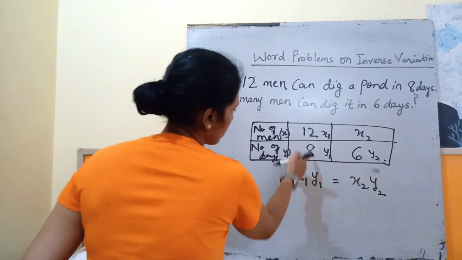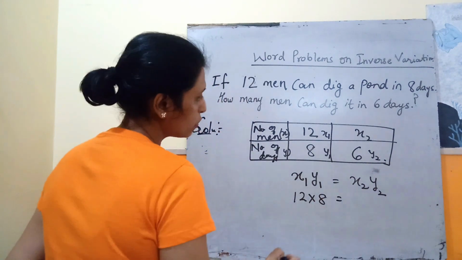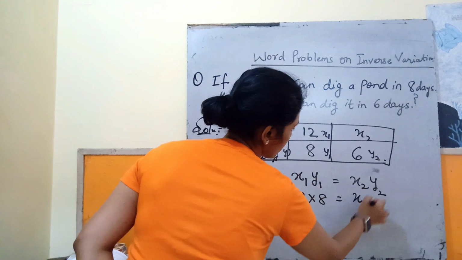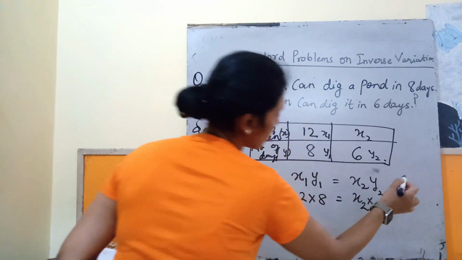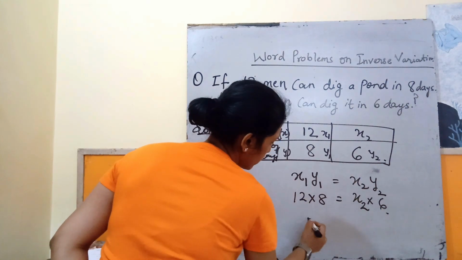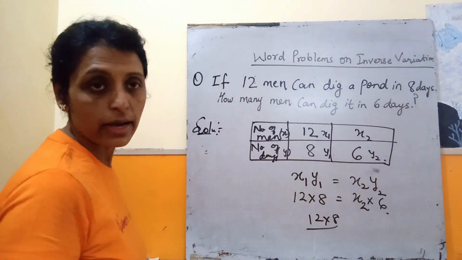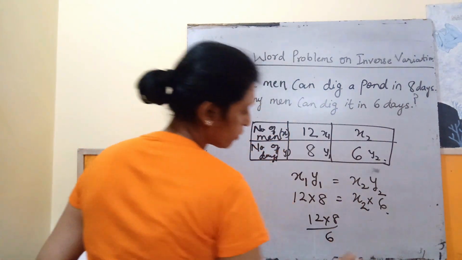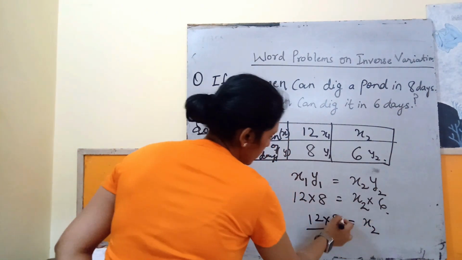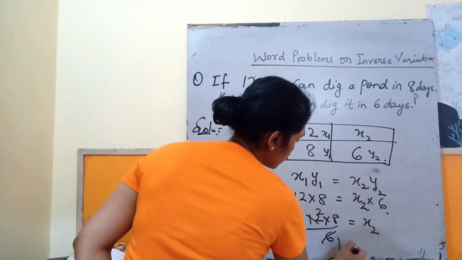So x1 and y1 we are having 12 into 8 is equal to x2, which we don't have so we have to find out, into y2, which is 6. Now we have to find out x2, so 6 will be going to this side, and as it is multiplied on this side, it will be dividing 12 into 8. So it will be 6 ones are 6, 6 twos are 12 and 8 twos are 16.